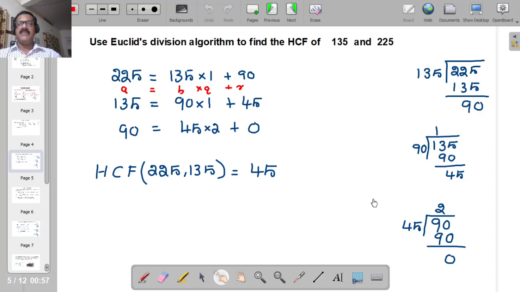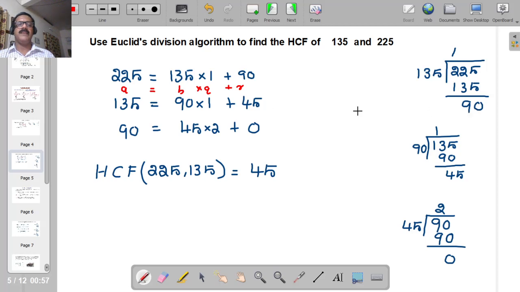Here we will be taking the bigger number as A and the smaller number as B. So A is taken as 225 and B is taken as 135, and we will divide A by B. So 225 is divided by 135. We get quotient is equal to 1 and the remainder is 90.